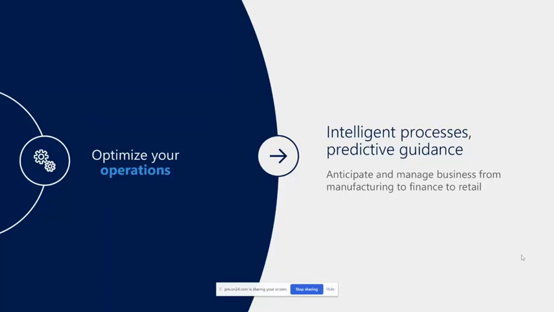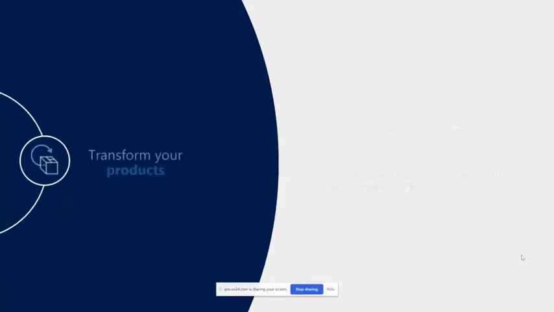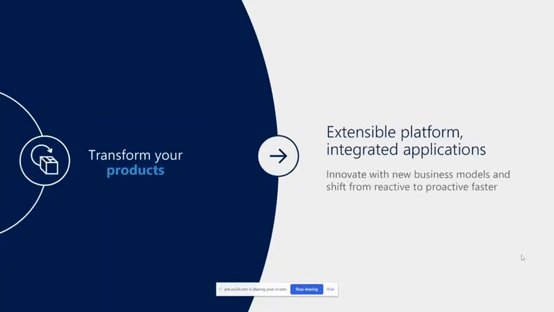All right, so I've done this optimizing my operations as well. So eventually what I should do is transform my products or services. All right, so how should I do that? Again, it is through the business model. With the given challenges that we are encountering, we should think of ideas which will efficiently propel the business.